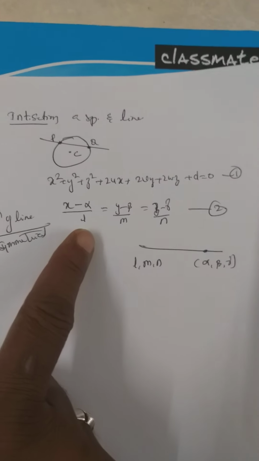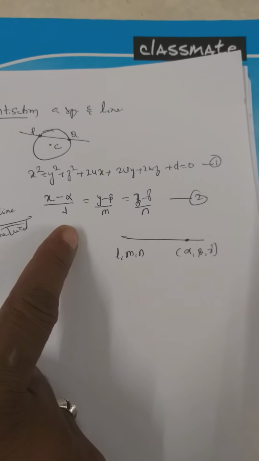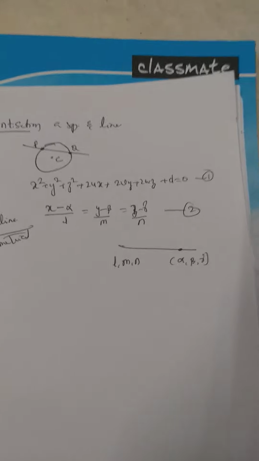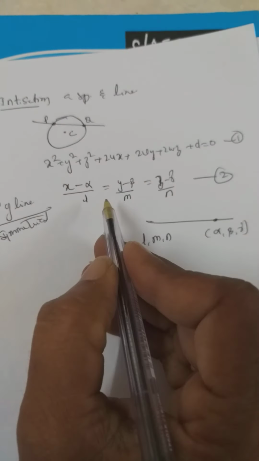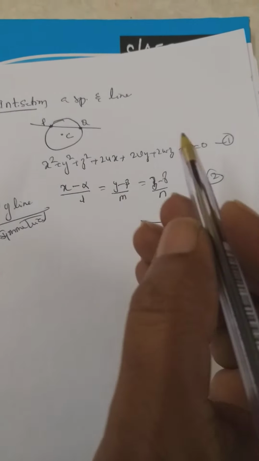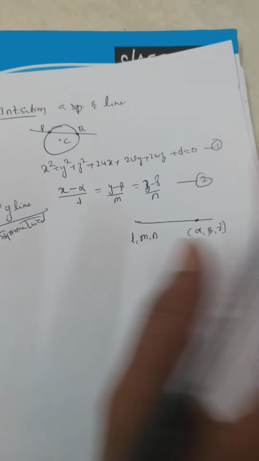This is the standard form of a line equation in symmetrical form, or general equation of a line. Now, we have to find the point of intersection of the line and the sphere.